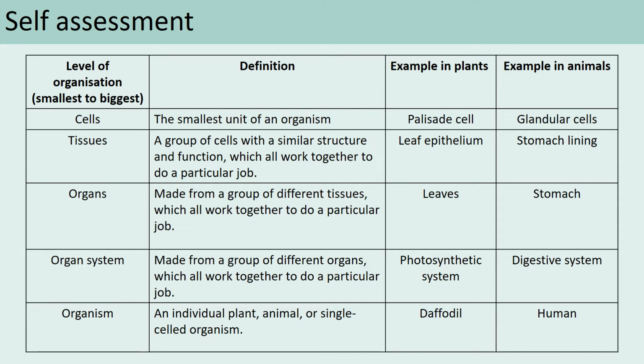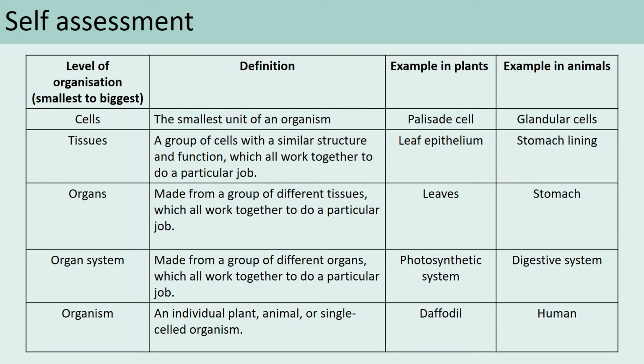For the level of organization of tissues, this is where you have a group of cells with a similar structure and function which all work together to do a particular job. So a really good example that you might do in PE is muscles. They contain muscle cells, and then if you've got lots of muscle cells coming together, you have a muscle, and that is to do with contracting, relaxing, so movement and things like that.